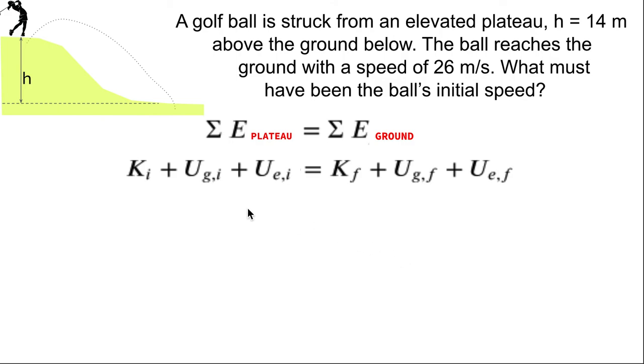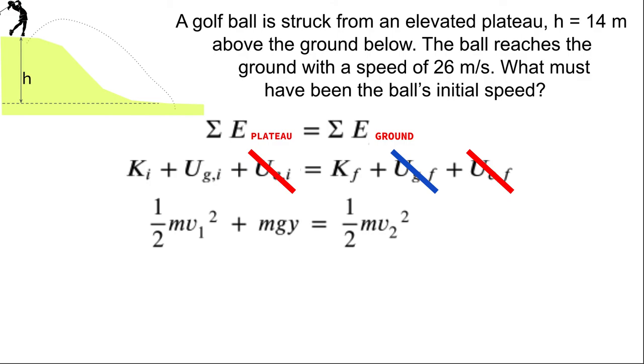Now, at the plateau, there is going to be gravitational potential energy because the ball is above its lowest point. But at the ground, there's no potential energy. So that's our first thing we can cross off. But the other thing is that we can eliminate the elastic potential energy from this problem. There's no mention of springs or rubber bands.